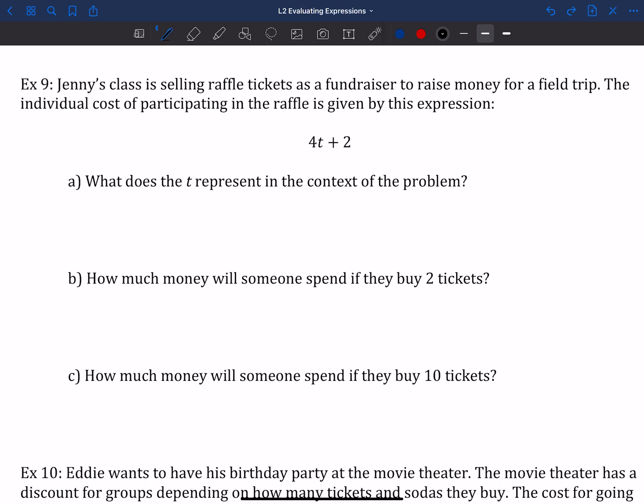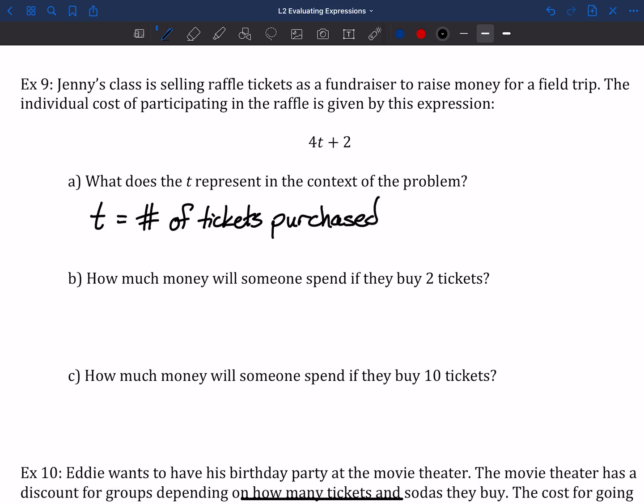You're just trying to think, all right, what's the situation? What in that situation might I represent with a variable? So T is something about the tickets. And in this case, I don't think it's the cost of the tickets, because the T might be something that could change. T is actually going to be the number of tickets purchased.